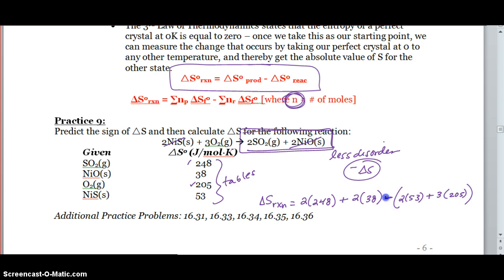So don't forget that it's minus this whole sum. And so delta S reaction for that comes out to be negative 149 joules per Kelvin.